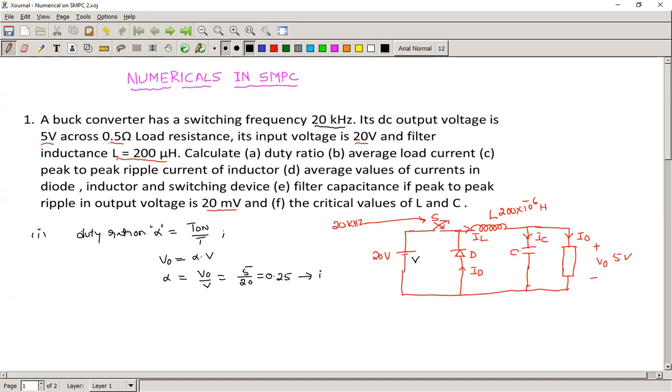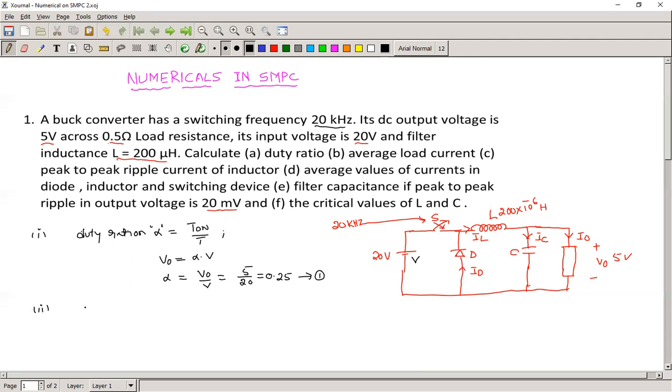This is the first one, the duty ratio. Next, the average load current. This is the second part.